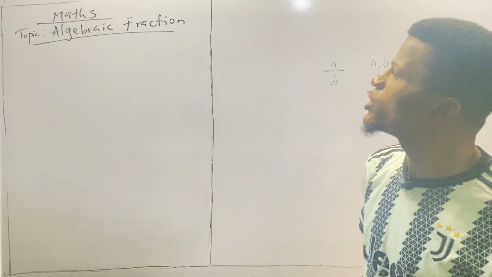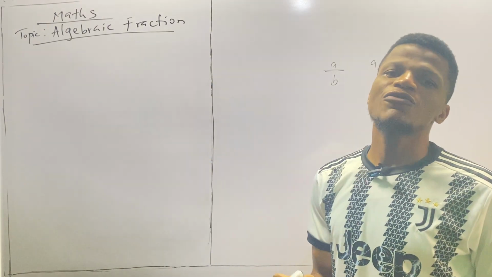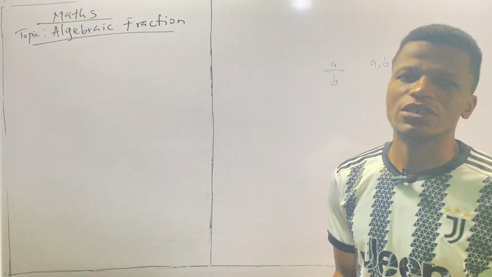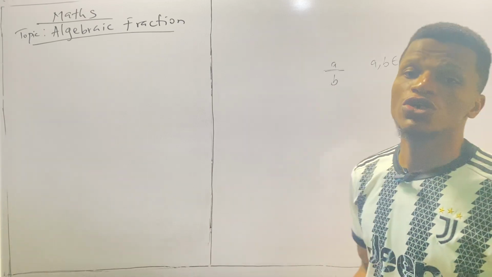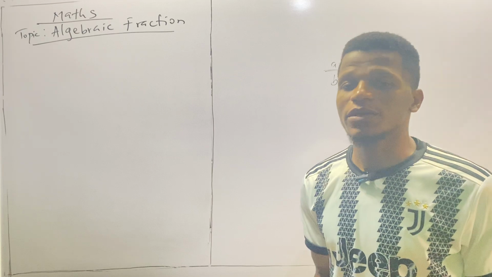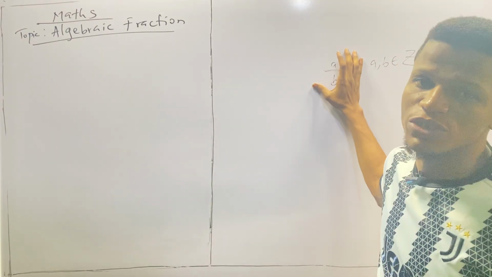All right. So algebraic is coming from the form of algebra. Algebra simply means any mathematical expression, mathematical terms, which include real numbers, symbols, alphabets, and all that. So algebraic fractions are fractions in form of algebra.